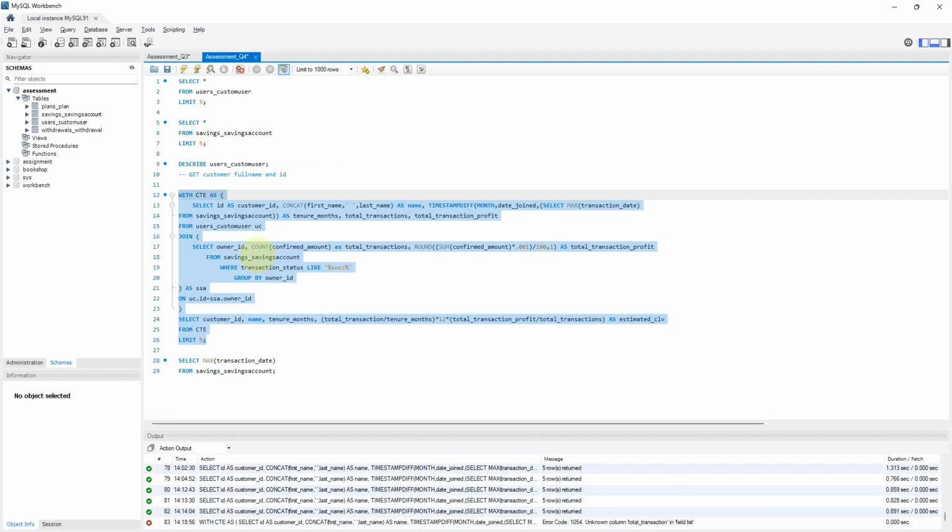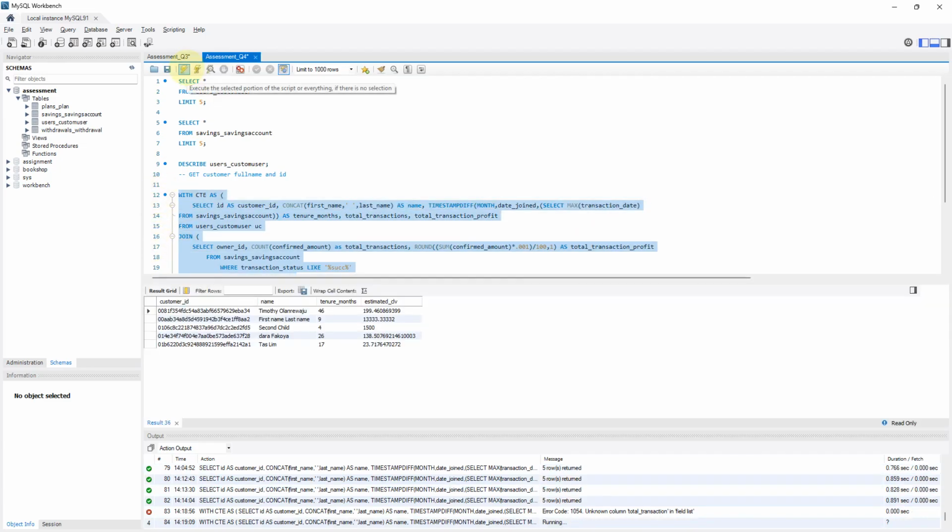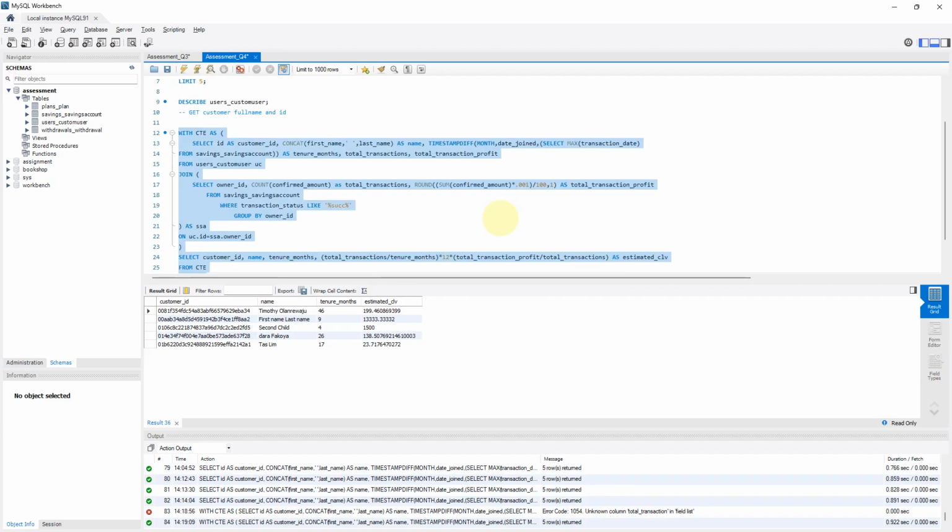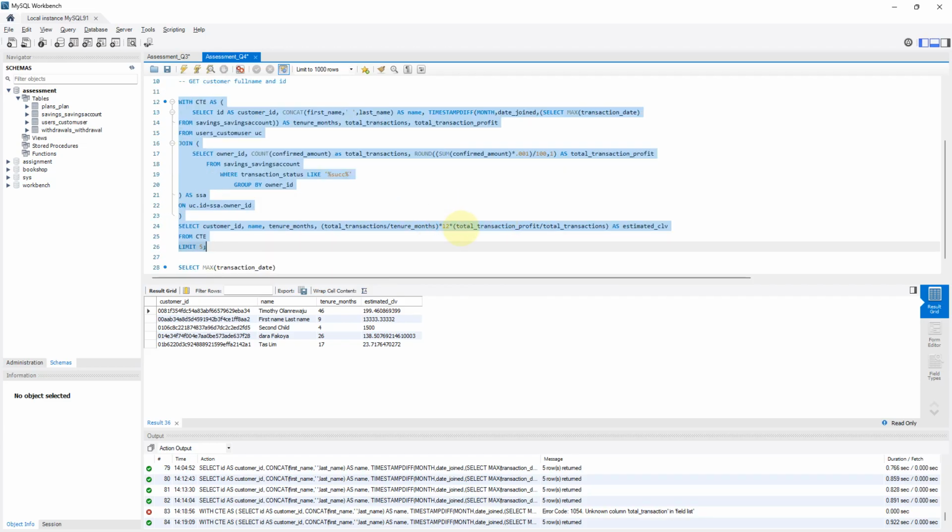Oh, what error do I have? Oh, sorry, it's going to be total_transactions. Oh, the query is fast. Really, it's nice, this is really fast to go through 2 tables of 100 and how many thousand.